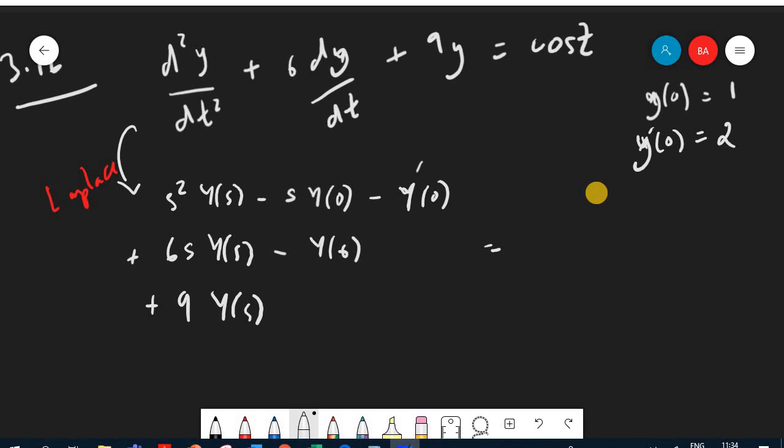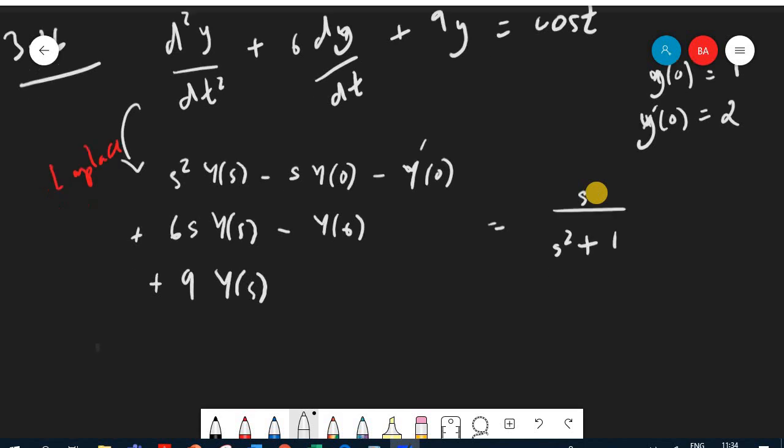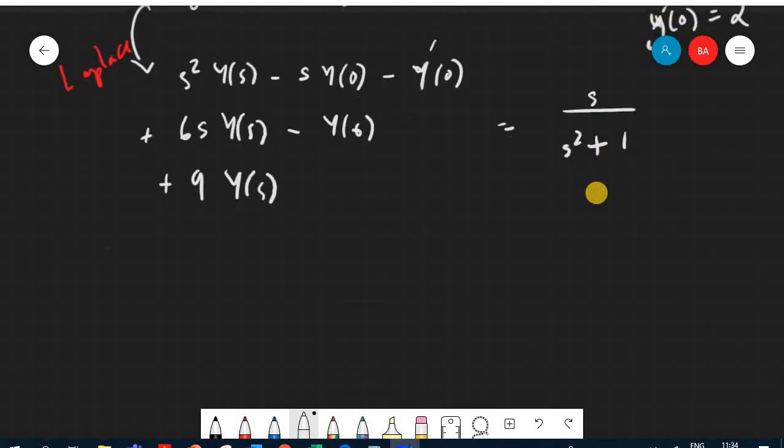Cosine t is s over s squared plus 1. You're going to find that in the tables.